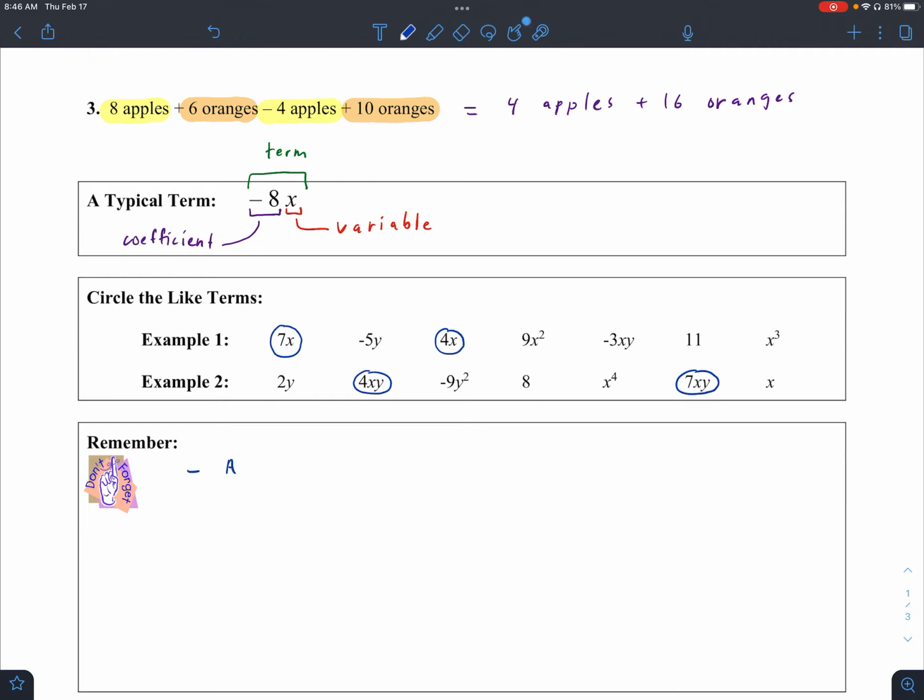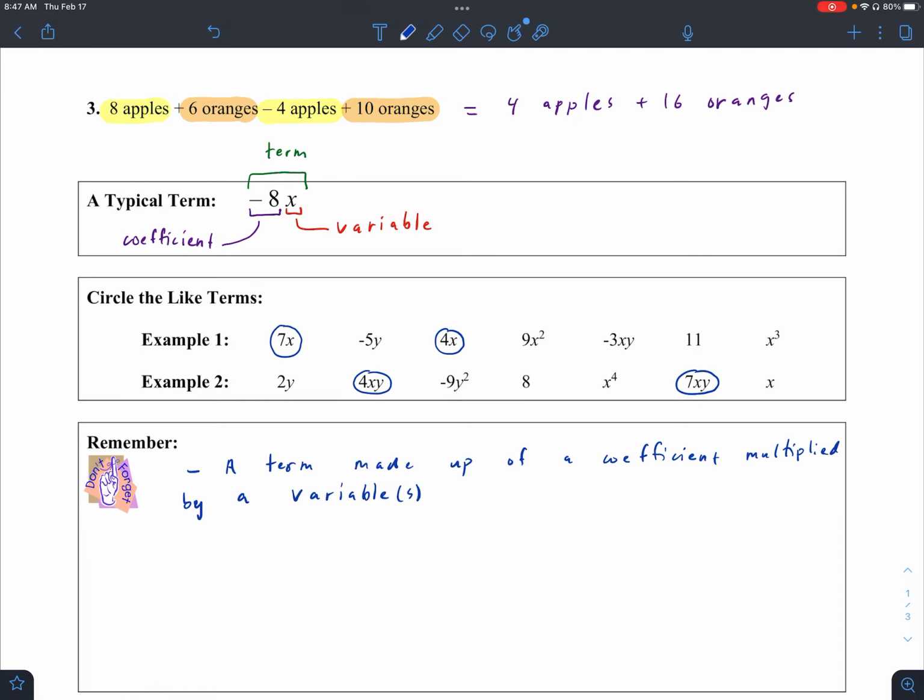A term is made up of a coefficient multiplied by a variable, or variables.